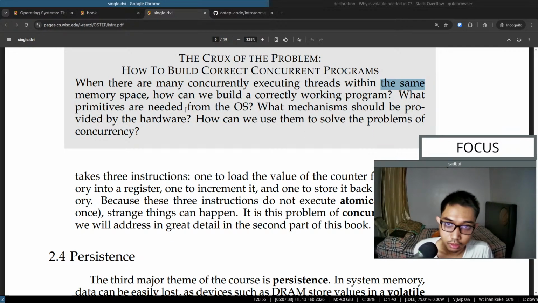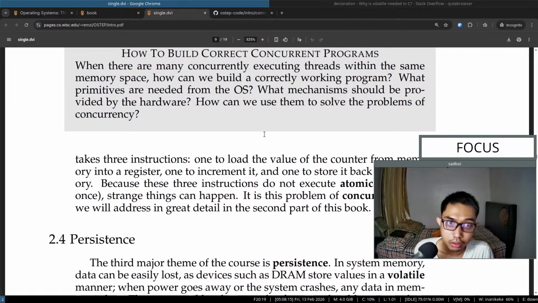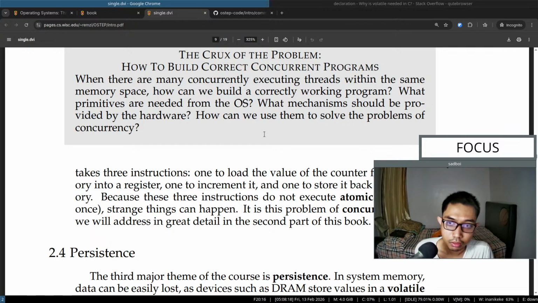What primitives are needed from the operating system? What mechanisms should be provided by the hardware? I'm still not sure what the primitive in here means. How can we use them to solve the problem of concurrency?